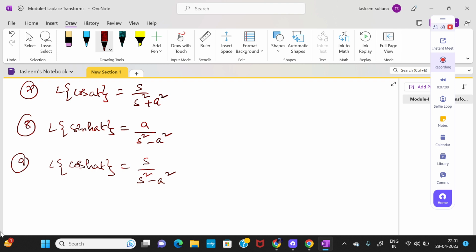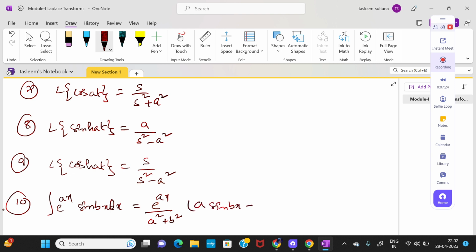And we have one more formula, that is the 10th one. Integrating e power ax into sin bx into dx, we can write that is equal to e power ax divided by a square plus b square of a sin bx minus b cos bx.